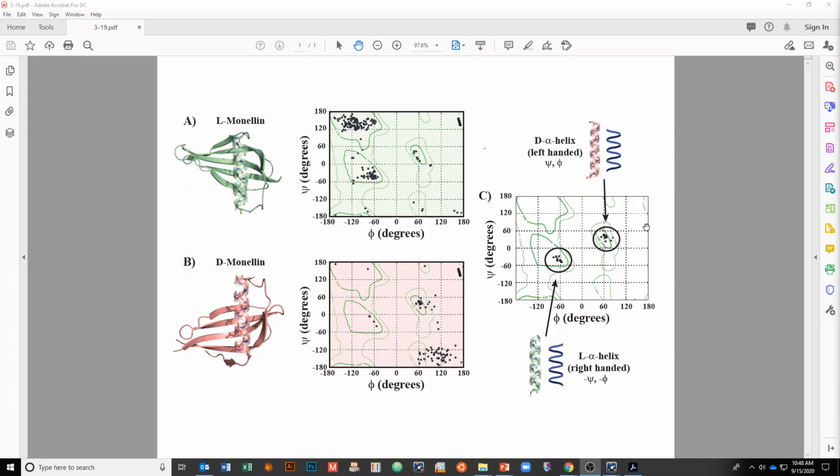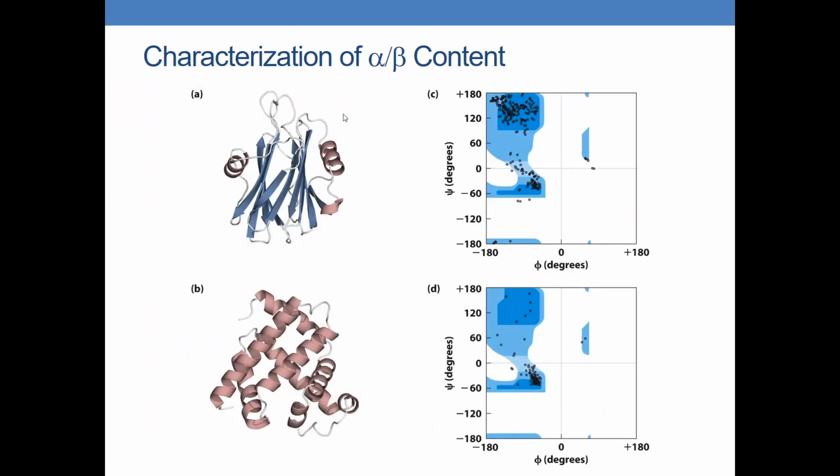Remember, the left-handed alpha helix is built from D amino acids, which are not common in nature. They are not the norm. So this should raise some red flags to you, but it is possible due to a left-handed helix. So all of this was meant to show you that the Ramachandran plot is a very good tool to characterize not only alpha beta content, but the handedness of certain secondary structural features as well.